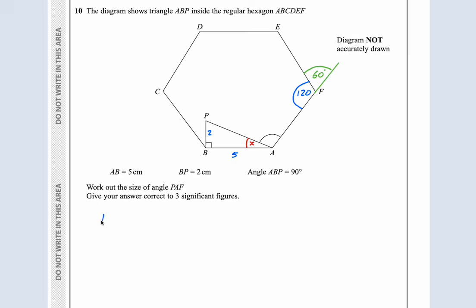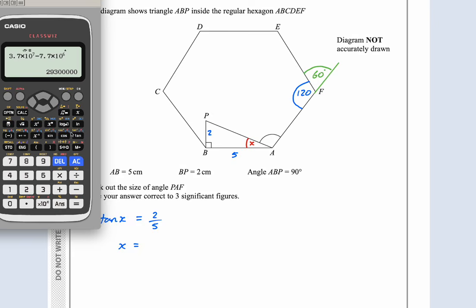So tan X, the tan of this angle, is opposite over adjacent. So that's 2 over 5, which means X is equal to the inverse tan of 2 over 5.